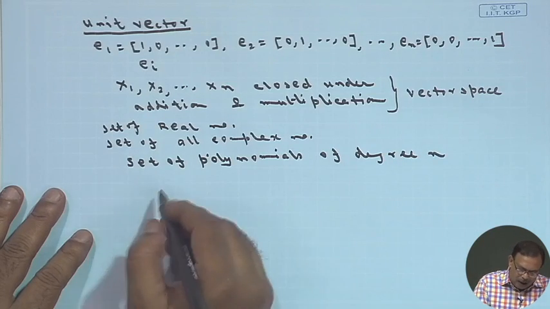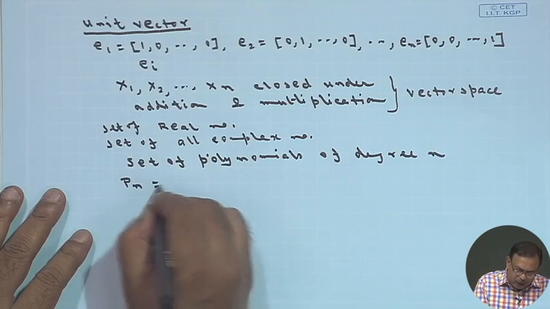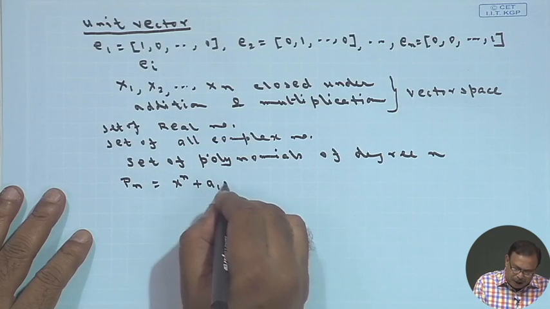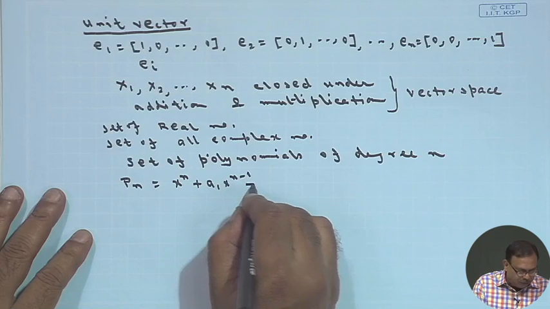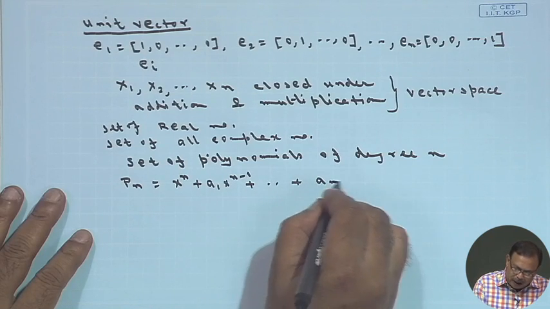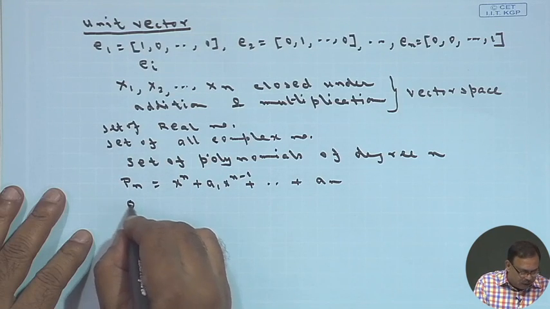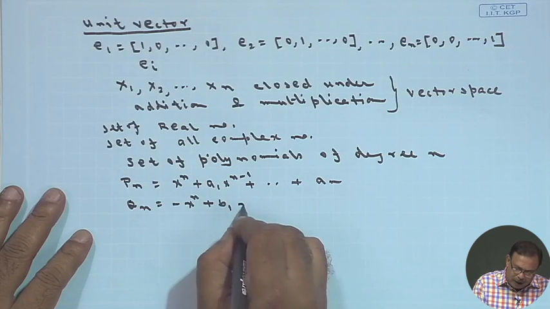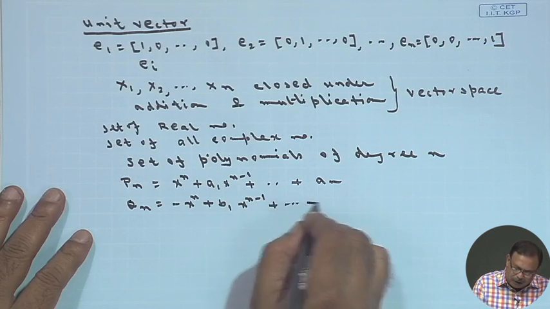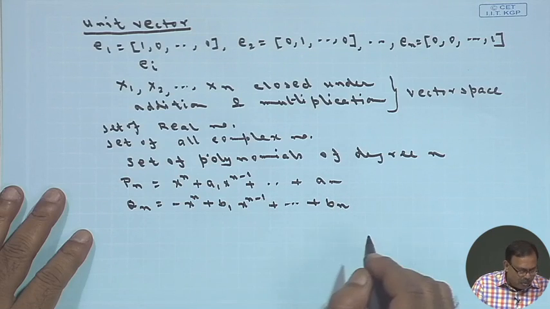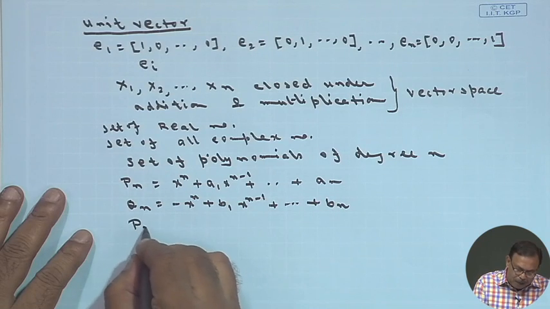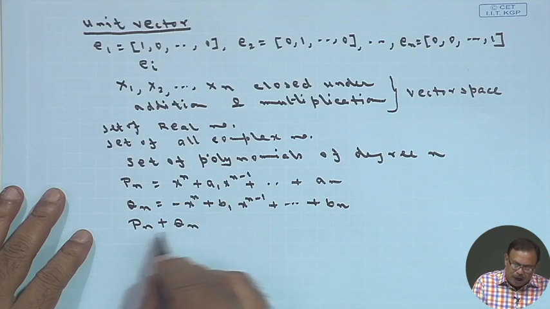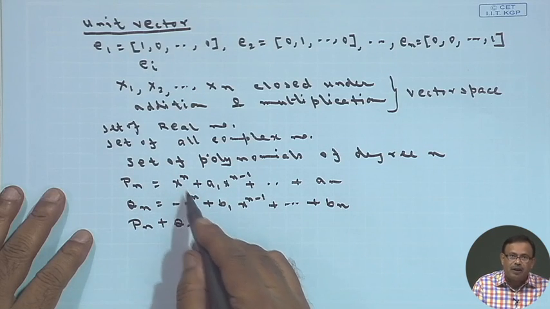I can take any two polynomials of degree n, like p_n = x^n + a1 x^(n-1) + ... + an. I am taking another one, q_n = -x^n + b1 x^(n-1) + ... + bn. If I form p_n plus q_n, the x^n term vanishes.